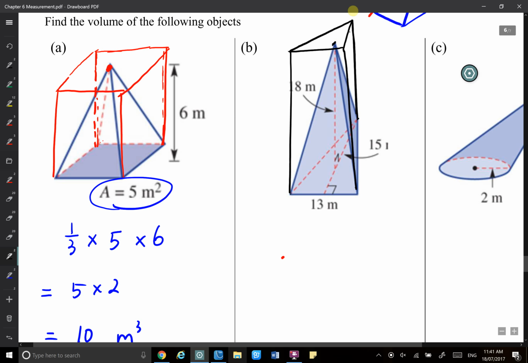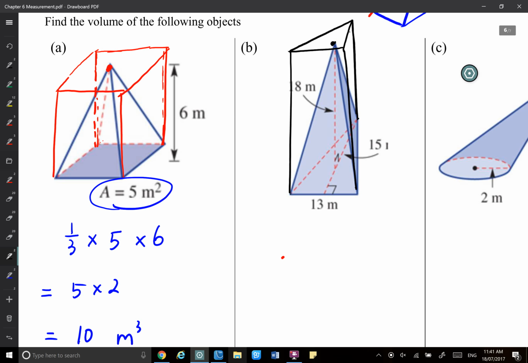Okay, that's the top. Something like that. What's the shape of this black thing? What object is that? Triangular prism. Okay, it's a triangular prism for this black thing.